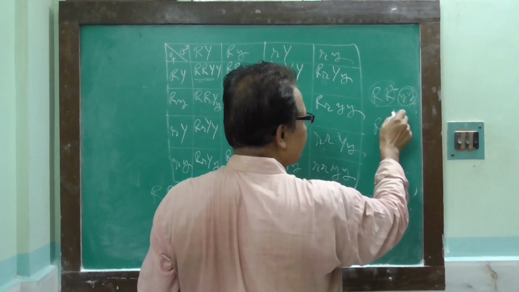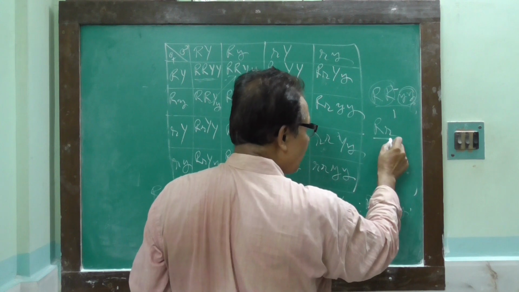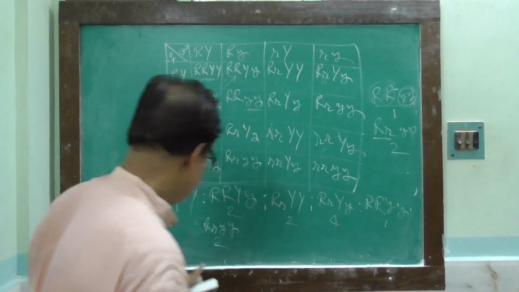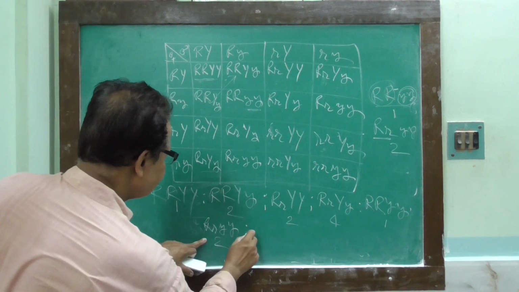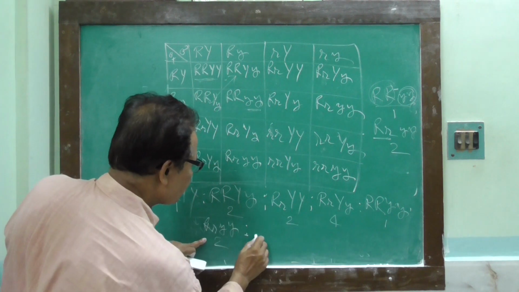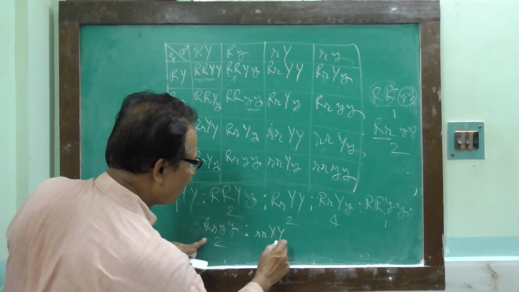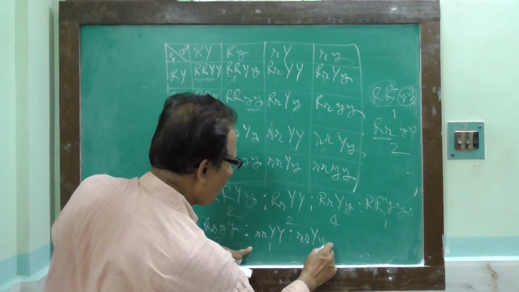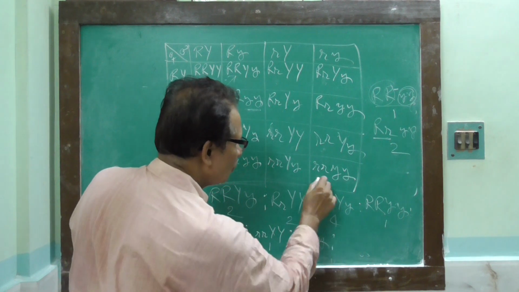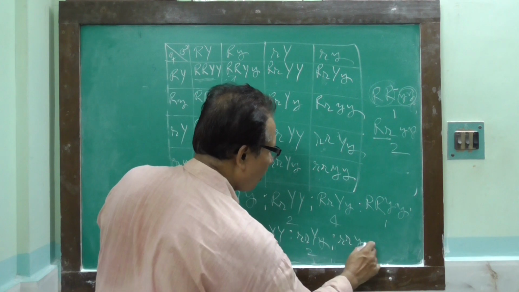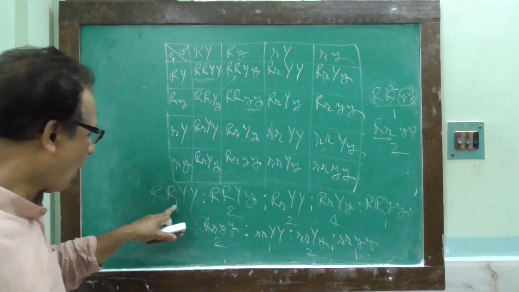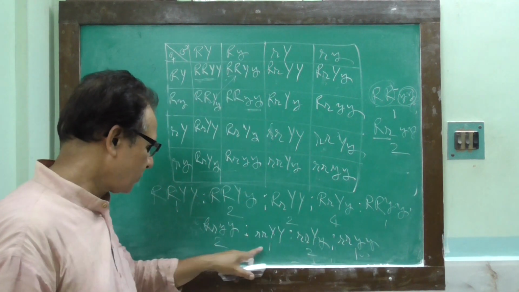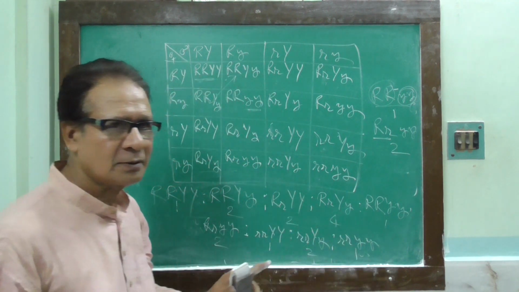When there is hybrid dominant with pure recessive, it is 2. So 1 is to 2. In a similar way, small r, capital Y, 1; small r, capital Y, 2; small r, small y, 1. So 1 is to 2 is to 2 is to 4 is to 1 is to 2 is to 1 is to 2 is to 1.